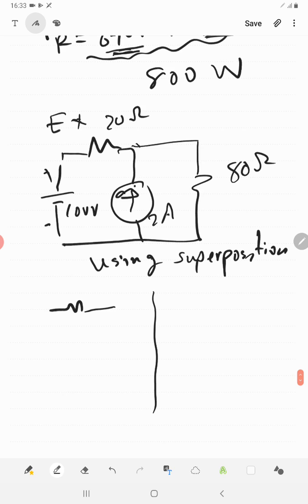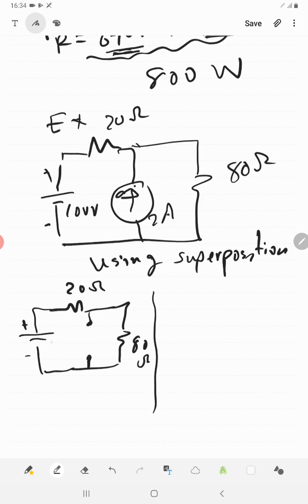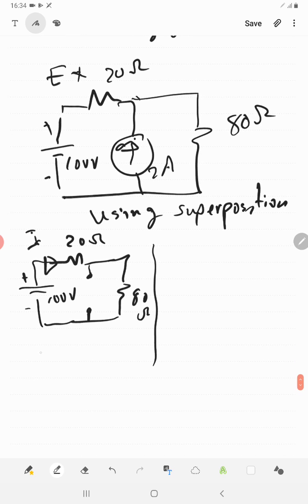We have 20 ohms and we have 80 ohms here, and the current source is an open circuit because we want to make it zero. So open circuit here, plus minus 100 volts. And let's calculate the current I in here, okay? So I is equal to 100 divided by 20 plus 80, so that will be 1 amp, okay?